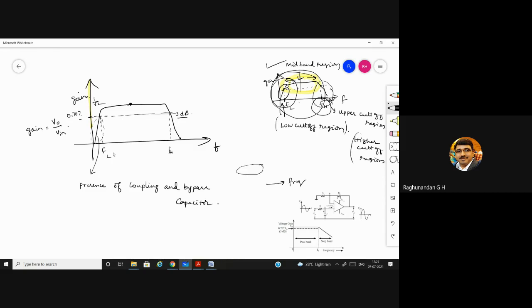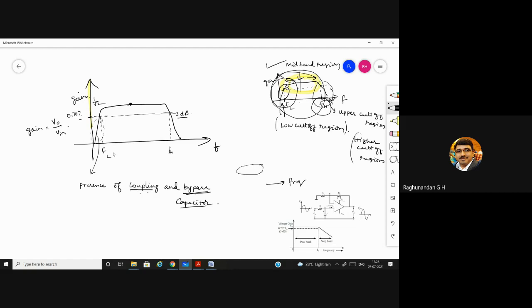See, under this frequency range, there will be more reactance exhibited by the coupling and bypass capacitors. You know that the coupling capacitor is used to filter out the unwanted DC signal when you are giving the input to the amplifier, and at the output side also we add one more coupling capacitor so that it filters out the DC and gives out only AC.